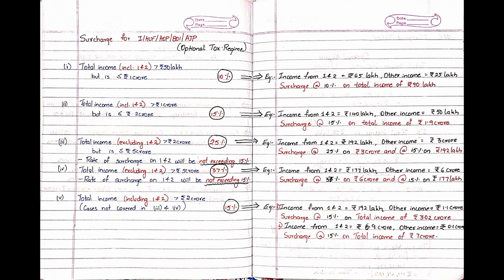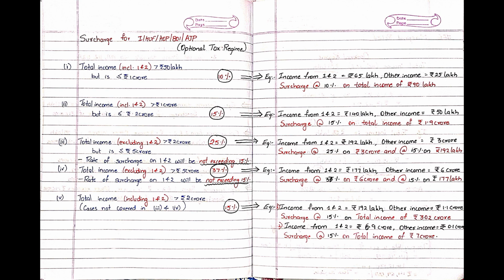Here the same 1 and 2 means 1 means dividend income and 2 means capital gains which are arising under section 111A, 112 and 112A. So for total income including 1 and 2, if it exceeds rupees 50 lakh but is less than or equal to rupees 1 crore, the surcharge rate will be 10%. For example, the income from 1 and 2 is rupees 65 lakh and other income is 25 lakh.